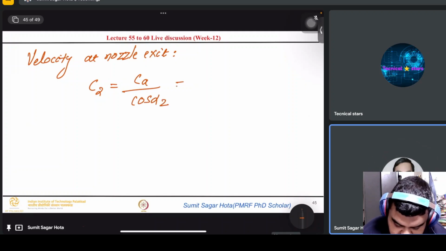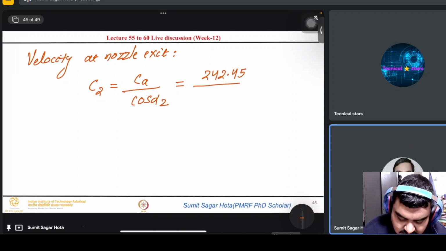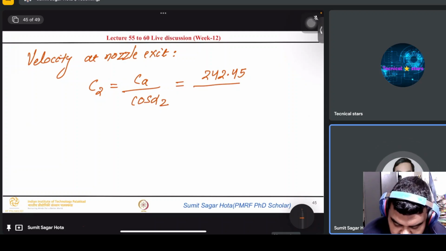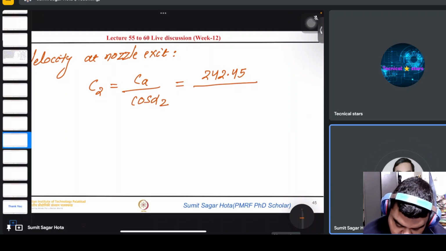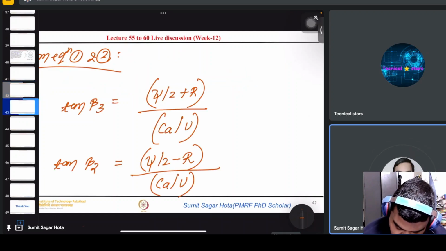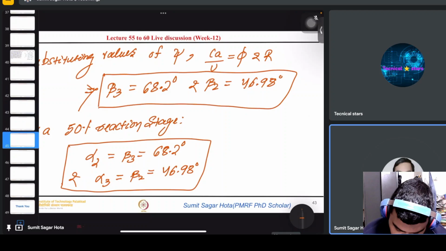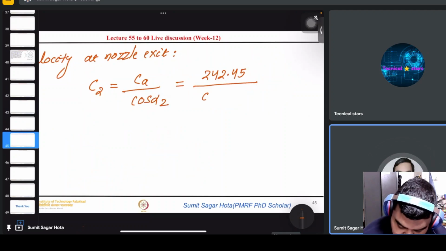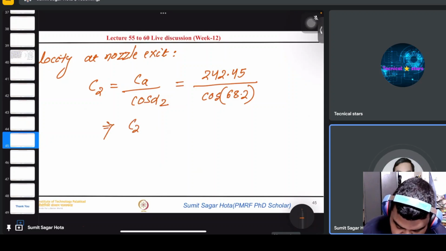The CA value we already found, that's 242.45. Phi 2 we also find from here; we can find out phi 2, phi 3, everything we have. So just substitute cos of 68.2. If you solve it, you will get C2 as 652.86 meter per second.